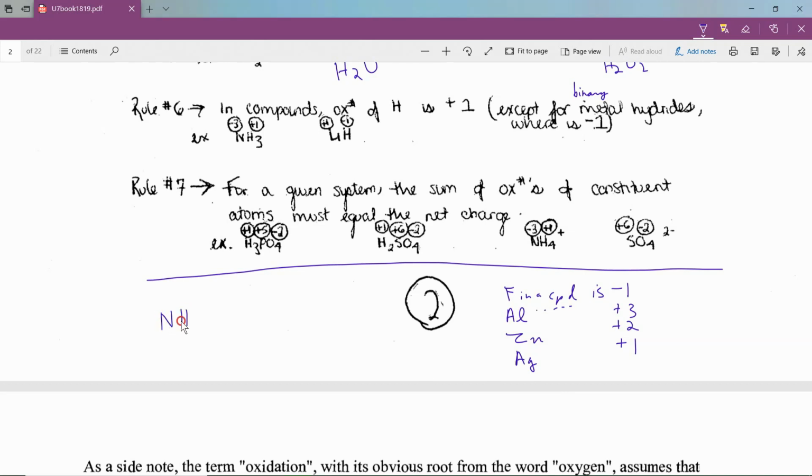Like if I have something like ammonium nitrate, NH4NO3, think of it as two groups, of NH4 plus and NO3 minus. So NH4 plus, hydrogen is +1, each nitrogen is -3, so that gives me NH4 plus. And then my oxygen is -2, each nitrogen is +5, so that is -1. So I got a +1 and a -1.